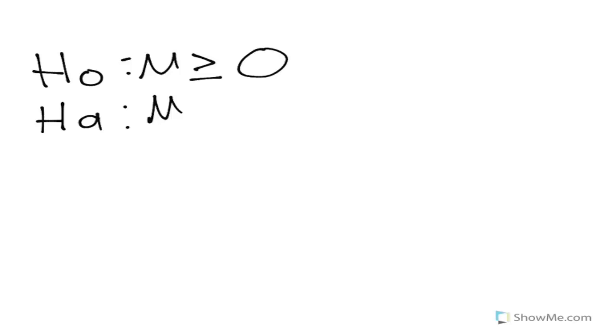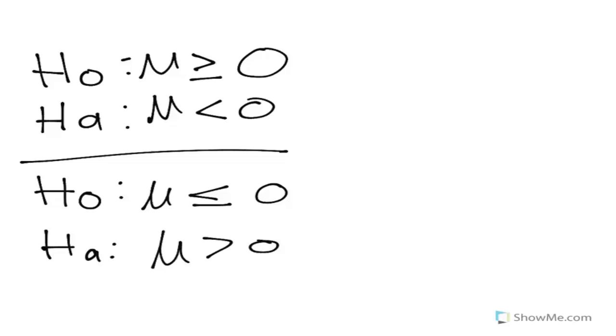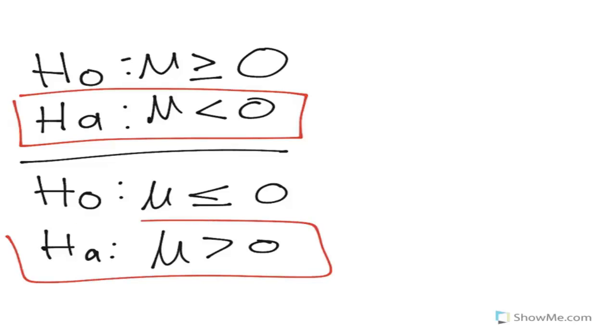So it's always 0 on the other side. So if this is 0, this is less than 0. If your H0 is like this, then your HA will be its complement, which means its opposite, which means it's more than 0.